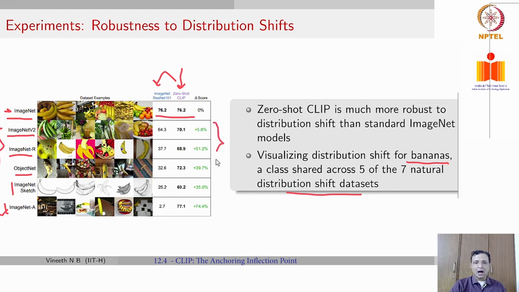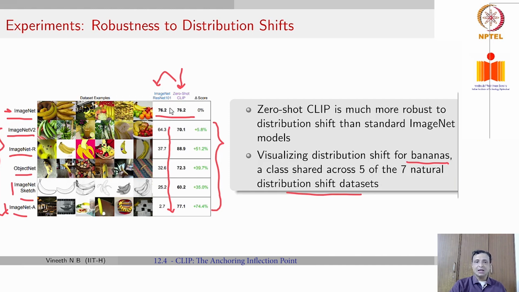Now, as we go to the other data sets that have a distribution shift, you see that the ResNet 101 model that was trained on ImageNet, its performance keeps dropping as the distribution shift keeps increasing. ImageNet A is one of the most challenging distribution shifts, followed by ImageNet Sketch, ObjectNet, ImageNet R and ImageNet V2.